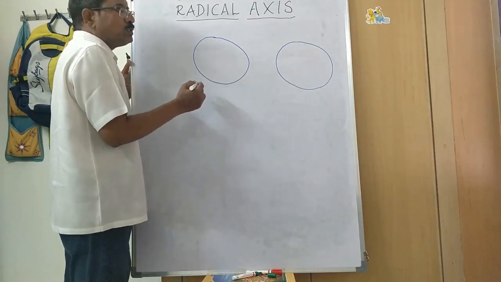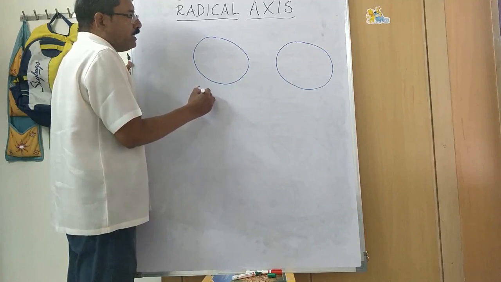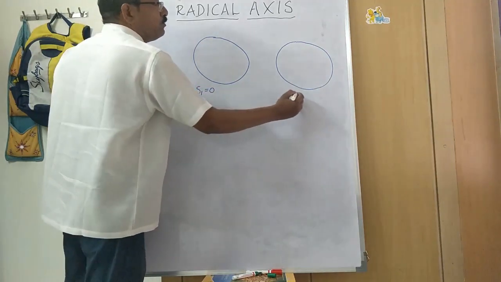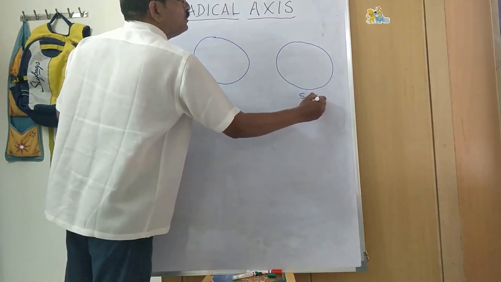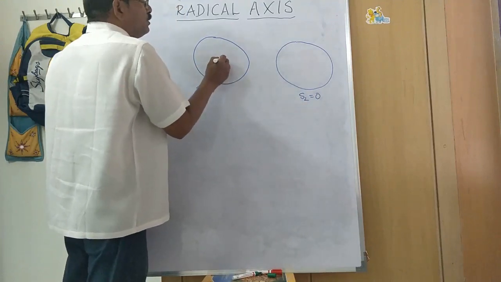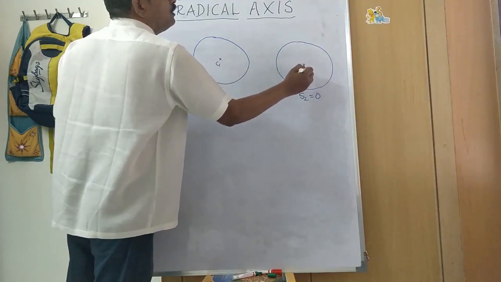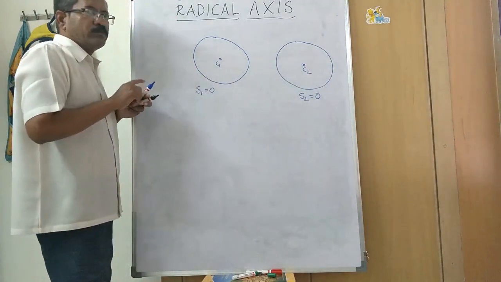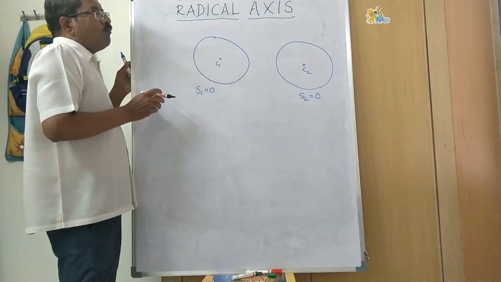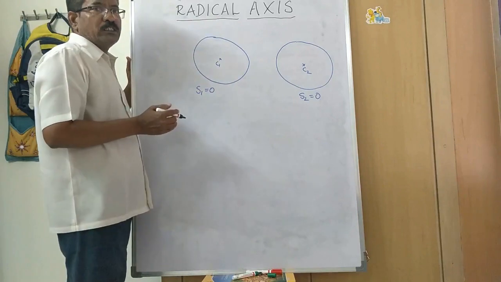Here I have two circles. One is S1 is equal to 0. The other one is S2 is equal to 0. Here is the center C1 and here I have the center C2. Now, what is meant by radical axis?